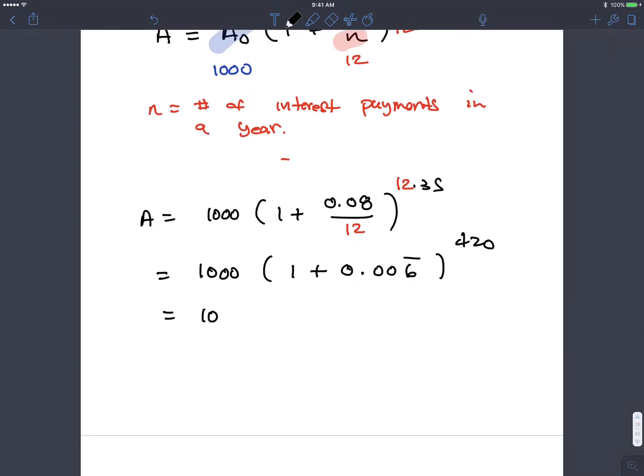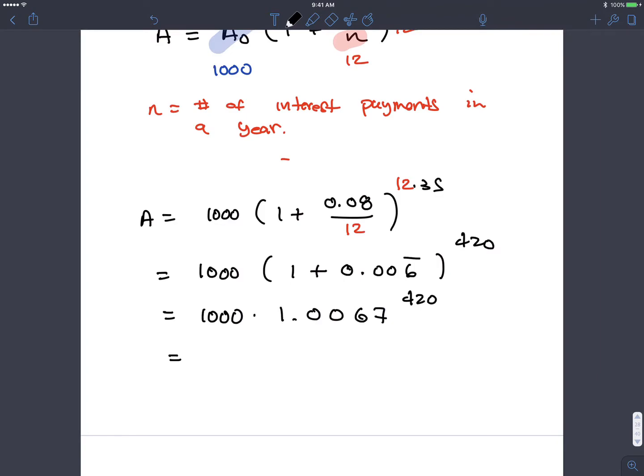So if I simplify this a bit, I get 1.0067. I'll get rid of the parentheses here. And that's going to be raised to the 420th power. So let's see what we get. 1,000 times 1.0067 raised to the 420th power.